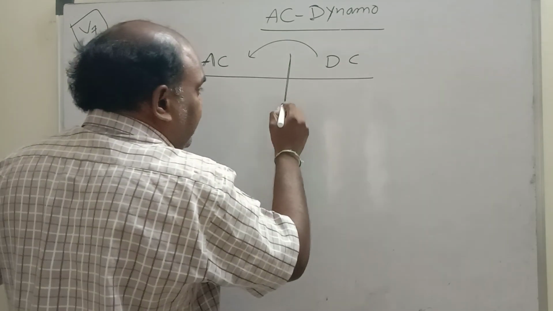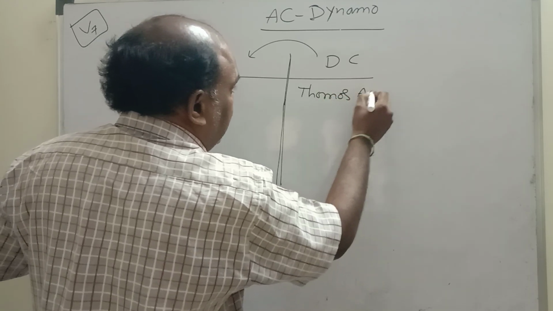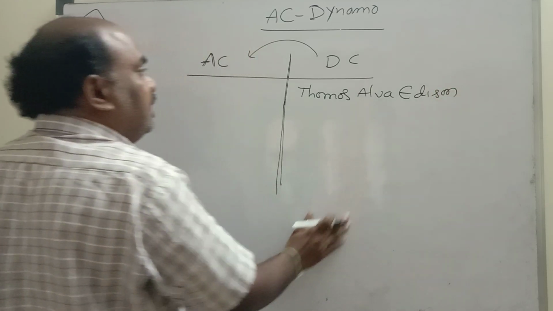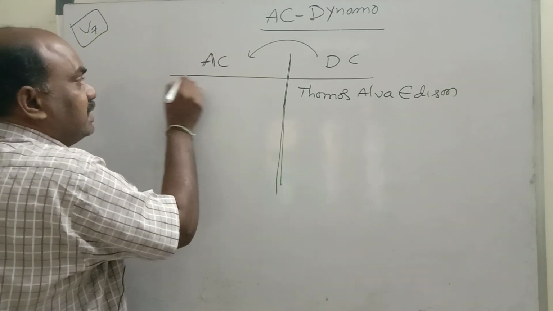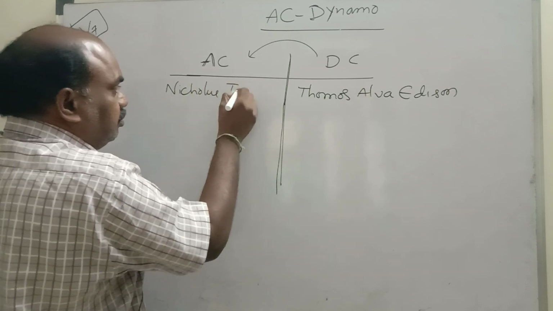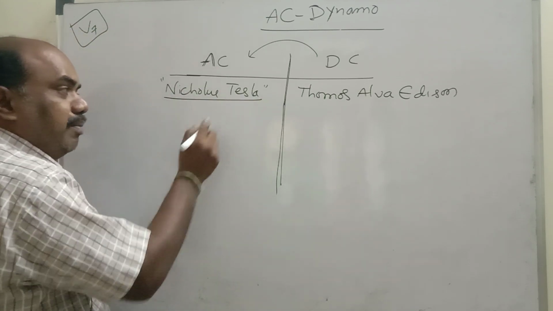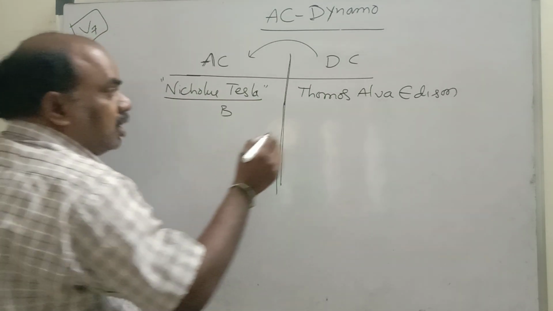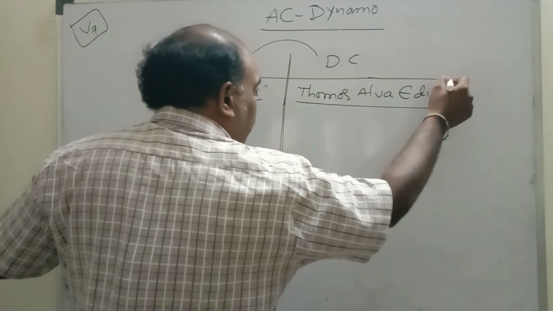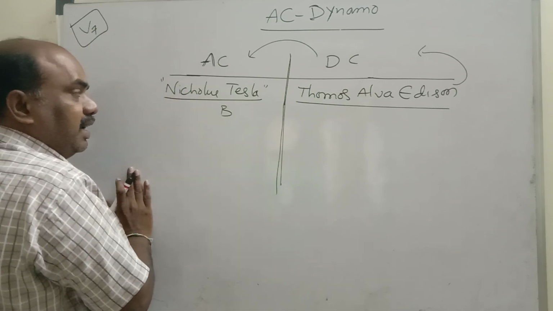DC current was invented by Thomas Alva Edison, whereas AC current was invented by Nikola Tesla, a very famous scientist. Tesla is the unit of magnetic flux density, that we know. Thomas Alva Edison, who invented the bulb, invented only direct current. Nikola Tesla invented alternating current.